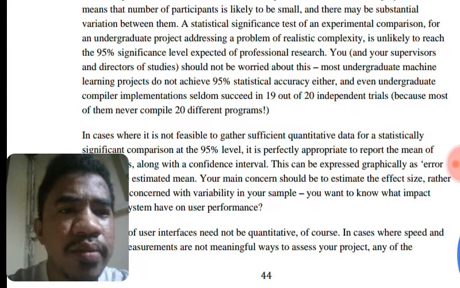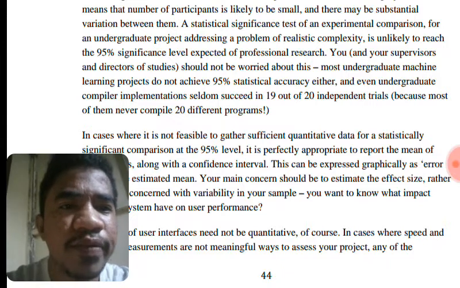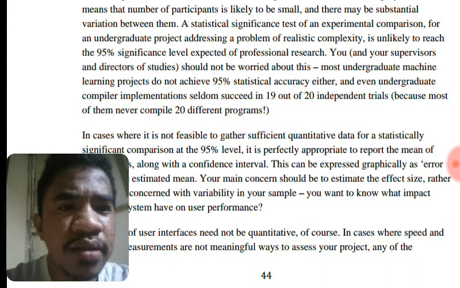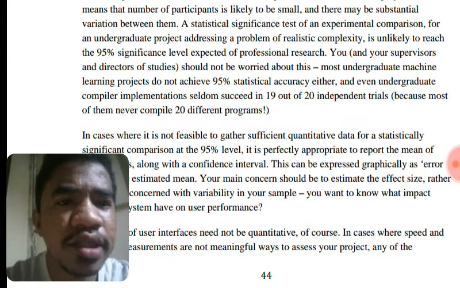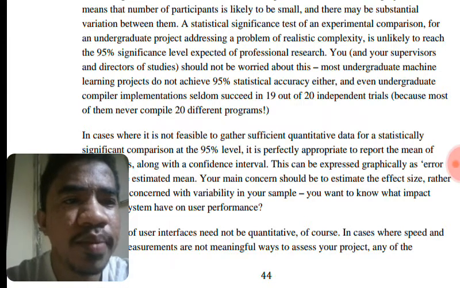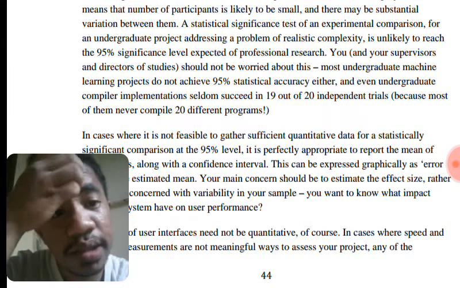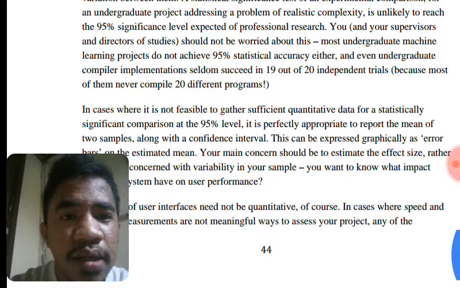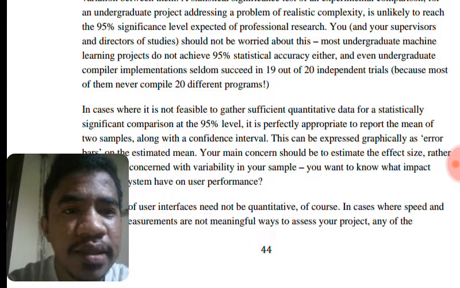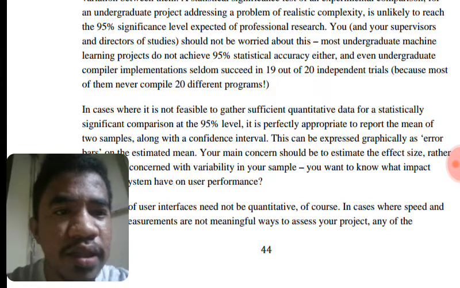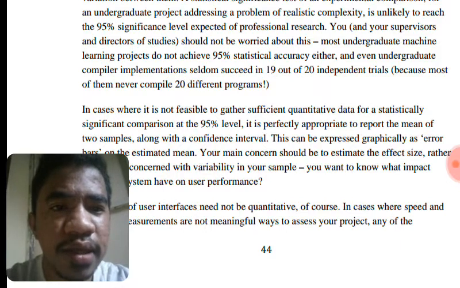Most undergraduate machine learning projects do not achieve 95% statistical accuracy either. And even an undergraduate compiler implementation seldom succeeds in 19 out of 20 independent trials, because most of them never compile 20 different programs.